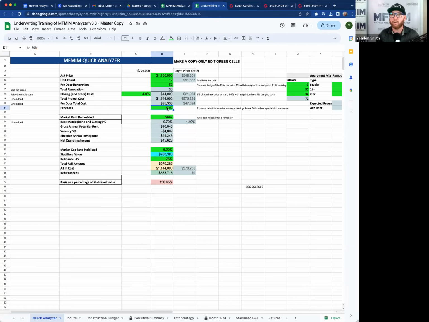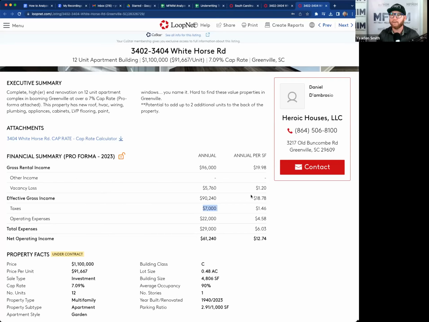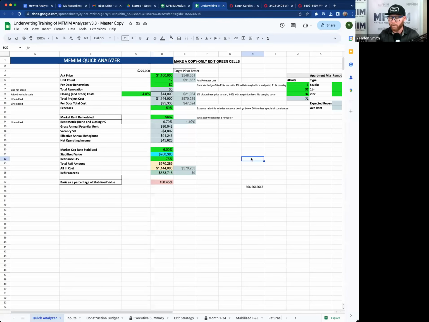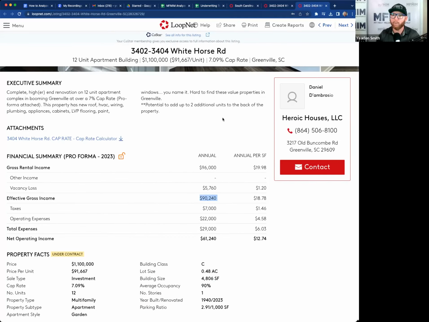So expenses were $29,000. Now we need the expenses as a percentage of the actual income. So what we're going to do, we're going to divide 29,000 by the effective gross income to see what the expense ratio is that they're using. So I have 29,000 divided by, let's go back and get the number, 90,240.